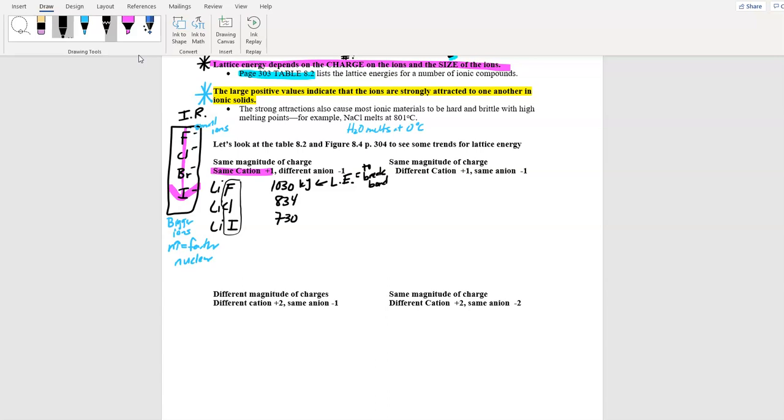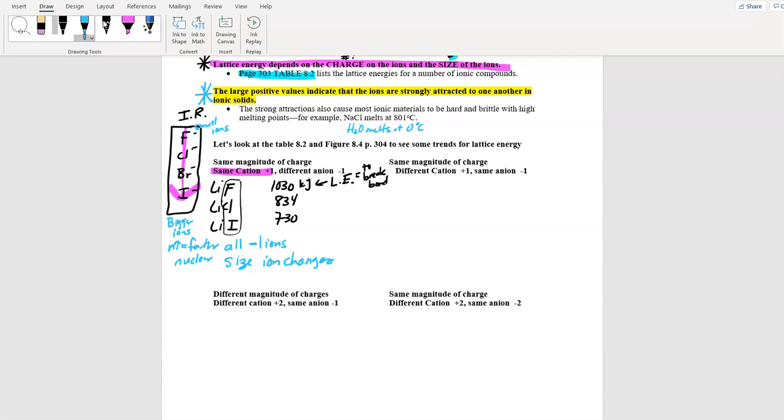You have to mention the charge of the ions. They're all -1 ions. But what do you notice about the size of the ion? The size of the ion changes. So what do you see?